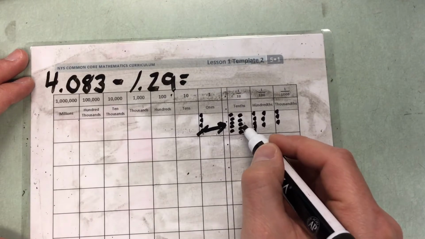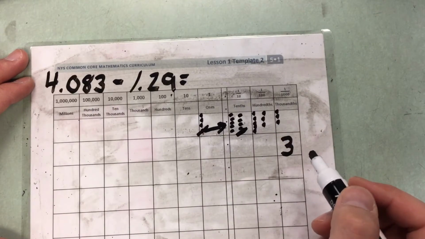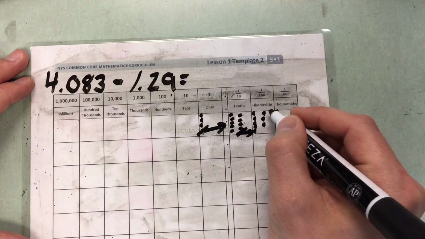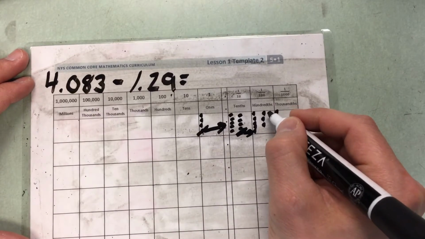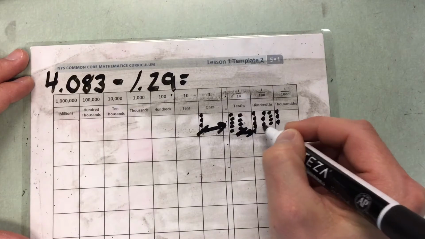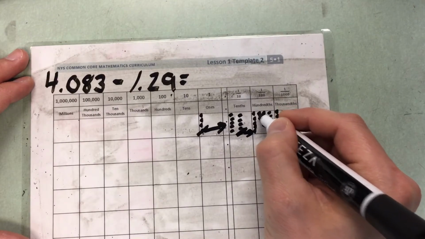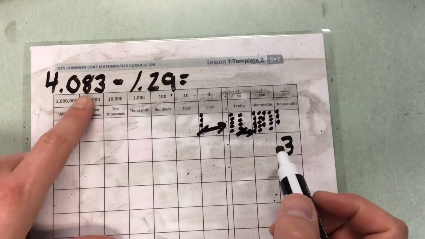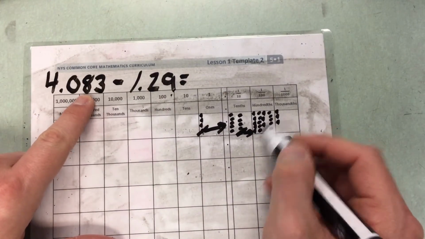So I'm going to unbundle one of these tenths and I'm going to move it backwards and it's going to become 10 hundredths. So now I have a total of 18 hundredths.